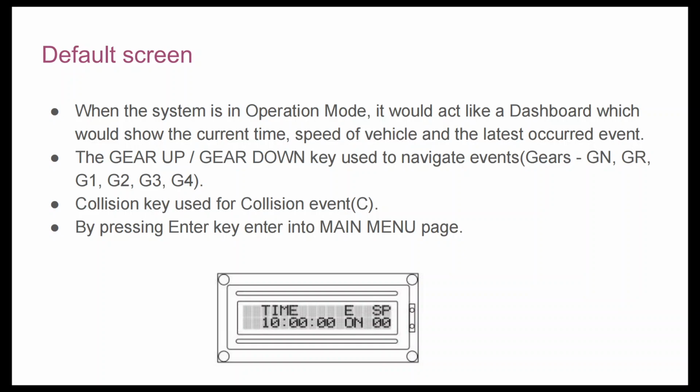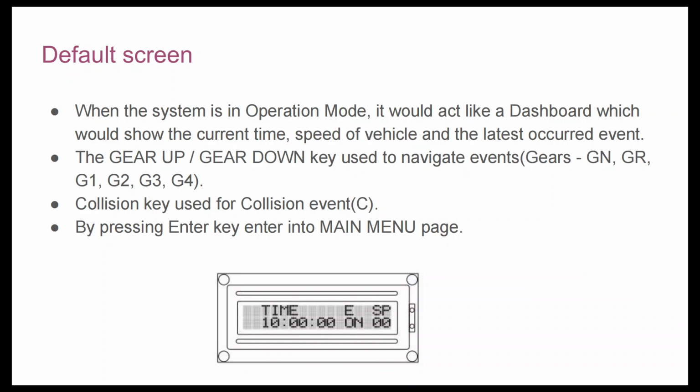Initially it's ON, then afterwards it should change with the gears: neutral, reverse, till gear 5, and then collision also, by another switch. These gears will be navigated by the gear up key and down key. Actually we are using switch 1 and switch 2 for up and down. Switch 3 is for collision, nothing but to make the accident.